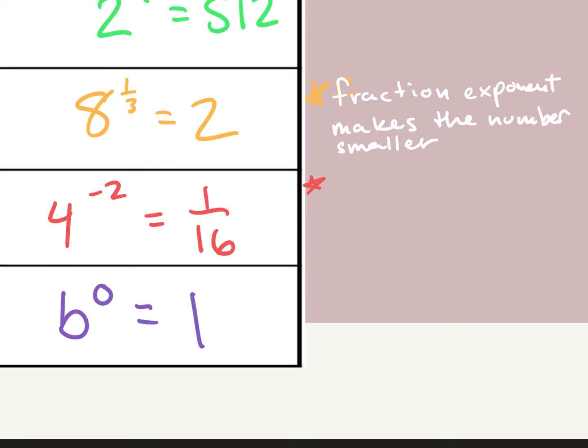If you have a negative number as your exponent, what does that do to your number? It flips it, so it becomes a fraction.